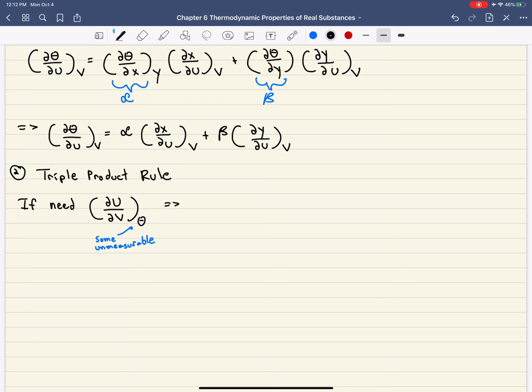If you have a partial derivative in that format, one useful tool is the triple product rule, where this partial derivative expands into this form.